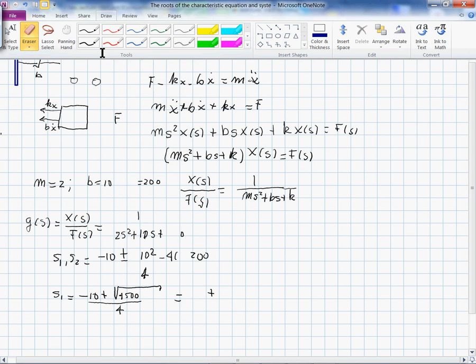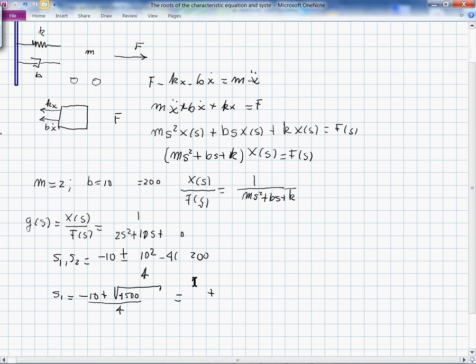So we will put this in here. This is minus 10 plus this. The square root of minus 1500 is 38.3, I believe, times i.